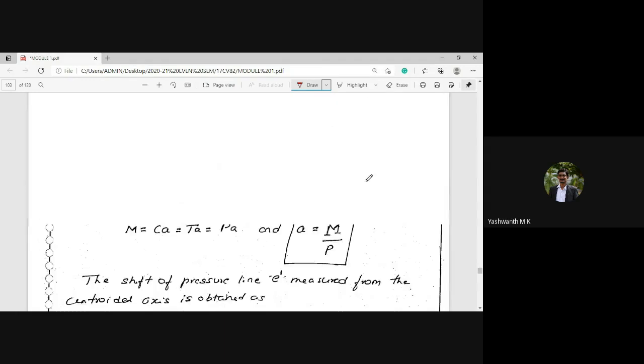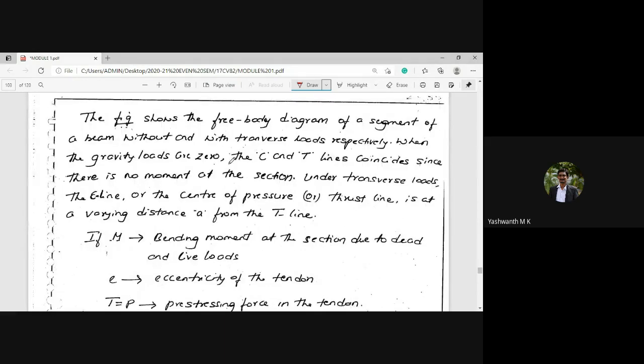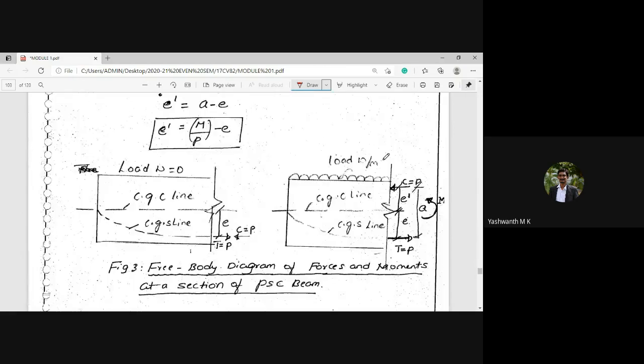Next, when the gravity loads are zero, when there are no loads acting, the C and T lines coincide. So please observe what that C line is. T line means the pre-stressing force or the tensile force line, which coincides with the C line or thrust line.